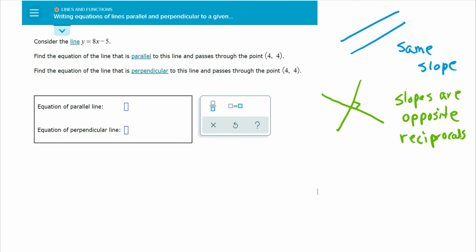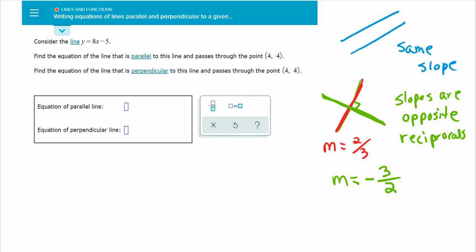So for example, let's say this is a red line, and I told you that the red line had a slope of 2/3, then the green line's slope would have to be negative, that's the opposite part, and then you'd have to flip it over to the reciprocal. And that's the only way you're going to get these two lines to cross at a 90-degree angle.